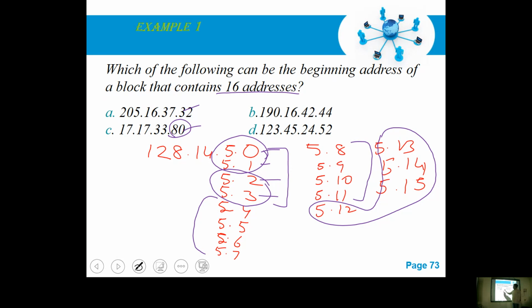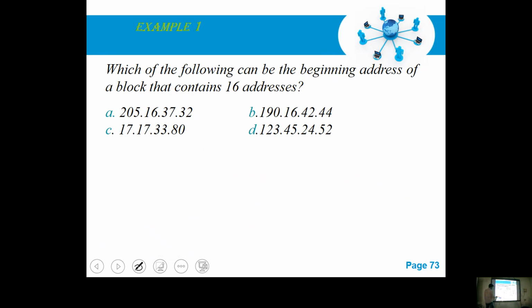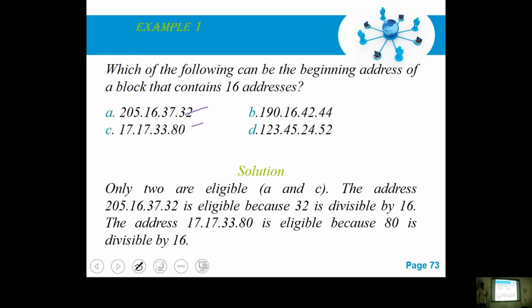Yes? Okay. Then what about this, 52? We won't get. So the possibilities are 32 and 80. It's just some assumption. If these are the beginning addresses of some blocks, in this one I can have 16 addresses, and in this one also I can have 16 addresses. But in those two I cannot have, because we are dividing with 16 and checking. So that's what we are explaining.